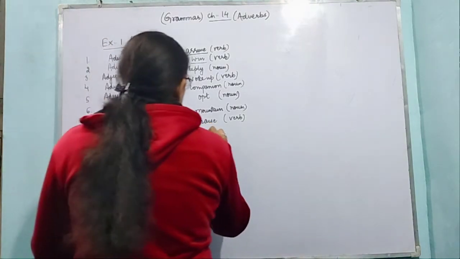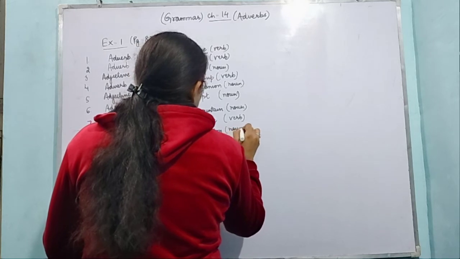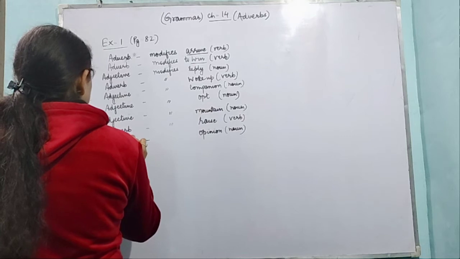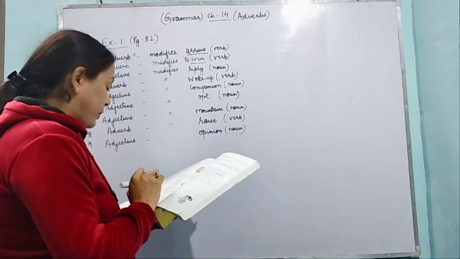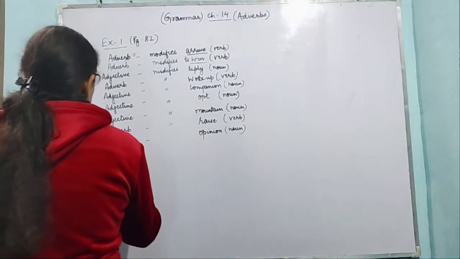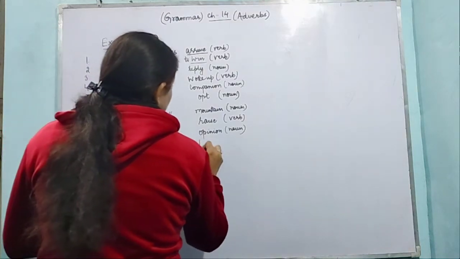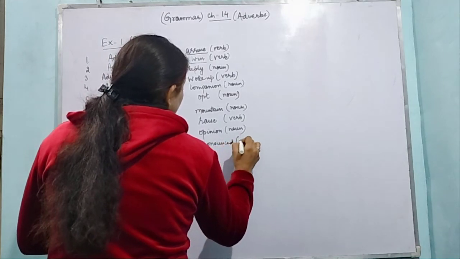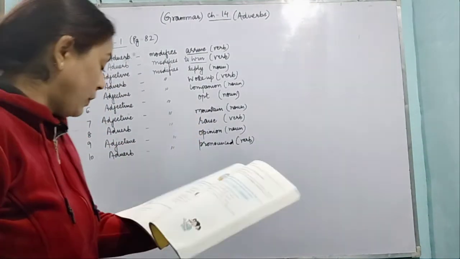Opinion here is a noun. So it is an adjective. Tenth, you have pronounced the word wrong. Pronounced. So with this we have completed exercise number 1.